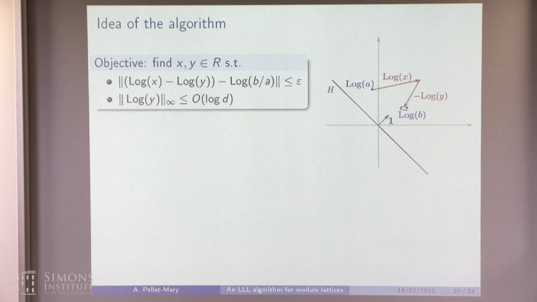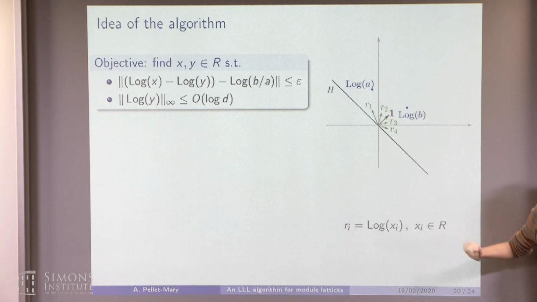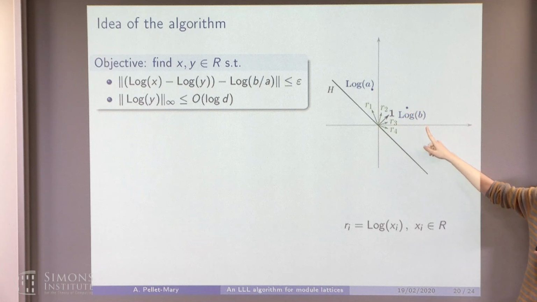So I can't look at all the possible x and y, it's going to be too much. So I'm going to choose a factor base made of small elements. I'm going to choose a bunch of Ri's that are the log of small ring elements, and I'm going to just look for a path from log a to as close as possible to log b using only this factor base.